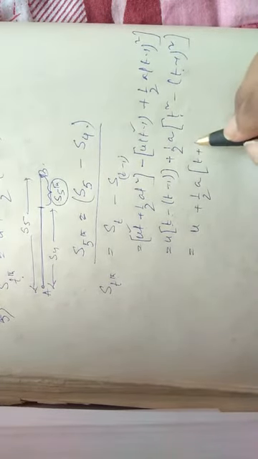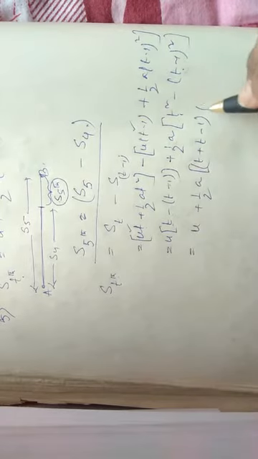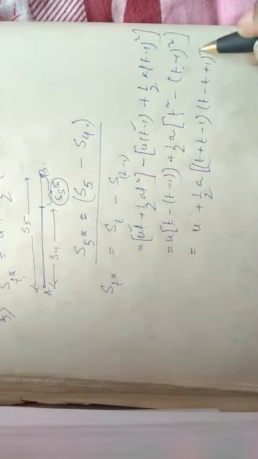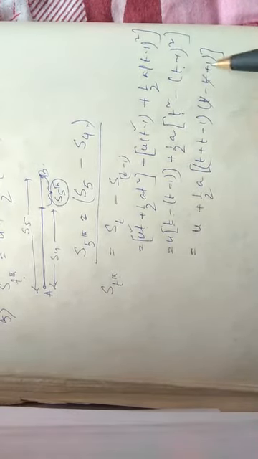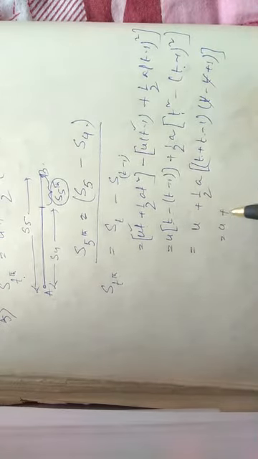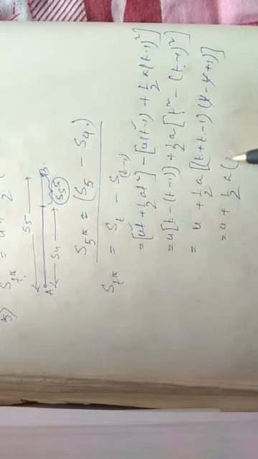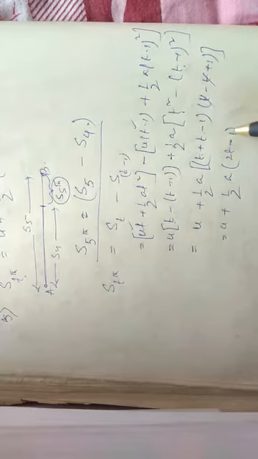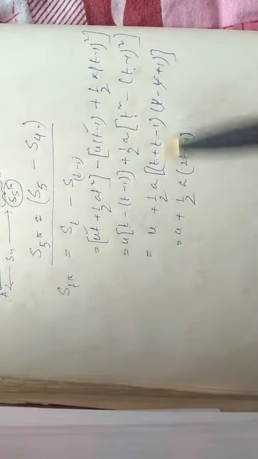So one is t plus t minus 1, another is t minus t plus 1. T gets cancelled, so 2t minus 1, u plus half a 2t minus 1. So this is an extension formula for ut plus half at square.